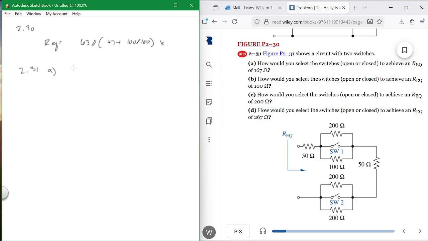A. What is switch 1? Is it open or closed? Open. What about switch 2? Closed. Very good. B. How would you get 100?